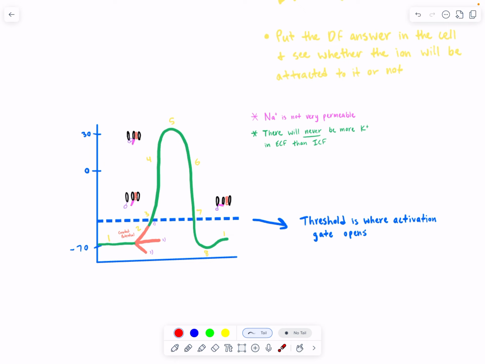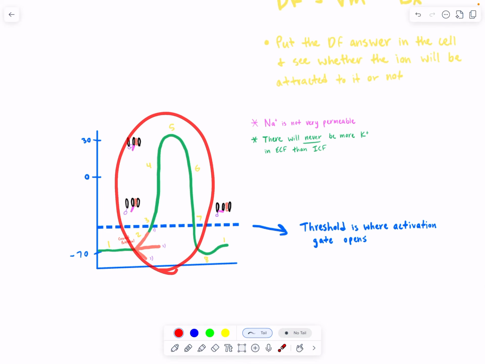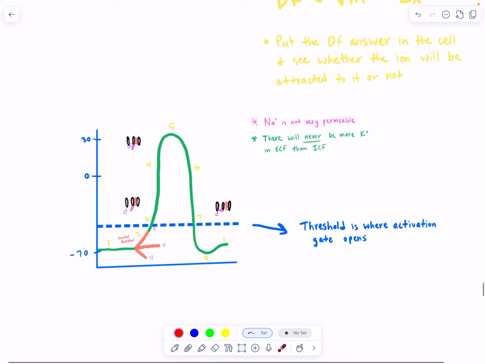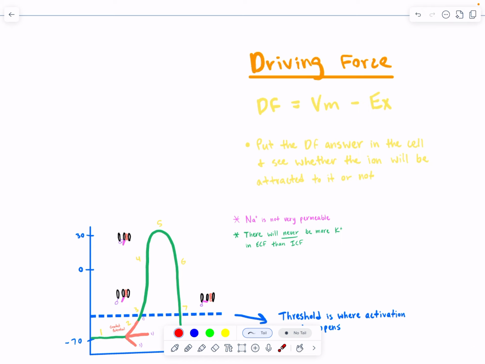It basically means that this whole thing can't repeat an action potential. No matter how strong the stimulus is, another action potential can't be stimulated until all of the sodium channels are kind of reset. It's like everything has to reset before we can do it again. So that's the absolute refractory period.